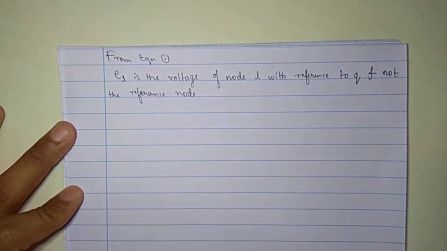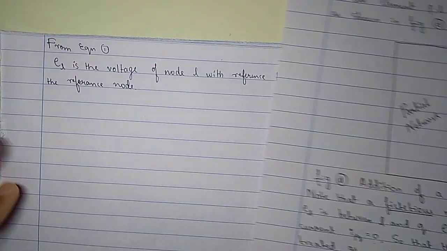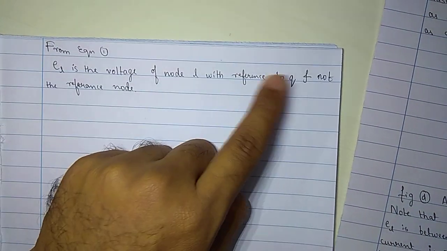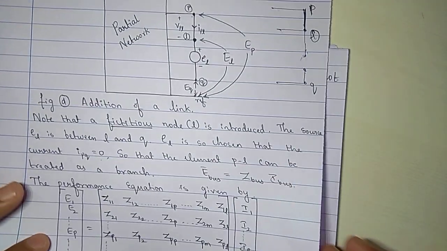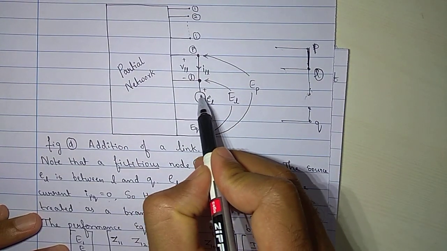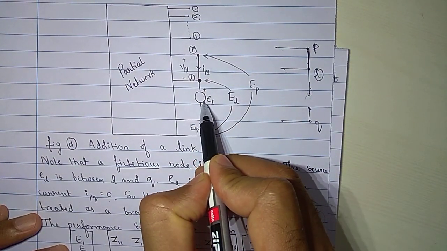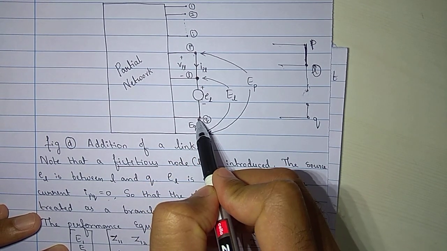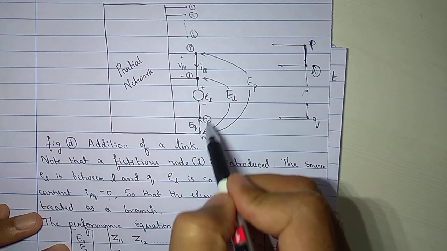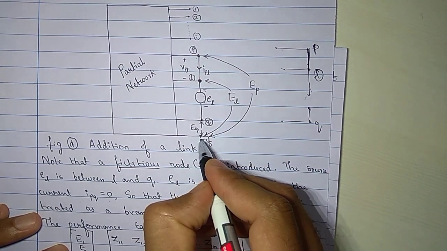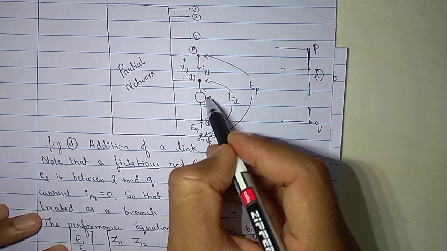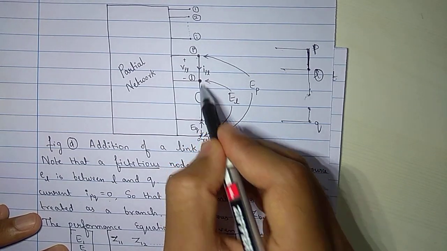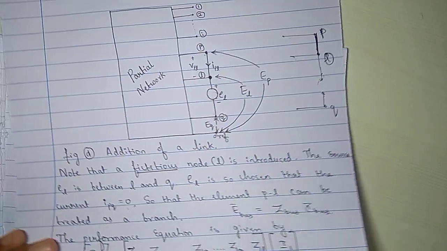Understand this carefully. I have said that EL is the voltage of node L with reference to node Q. It is not with reference to this reference node. If I consider this as reference 0, then EL is not with respect to L and 0, it is with respect to L and Q.